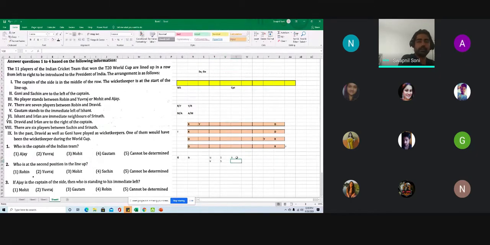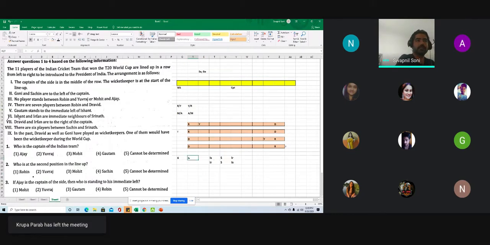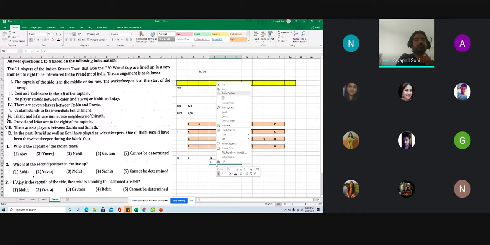This can be Irfan and this will be Ishant. They said they are immediate neighbors, but who is where we don't know. But if I look at my previous statement, it says Gautam is to the immediate left of Ishant, which means Gautam is to the left of Ishant. So this option is not possible. In this case Srinath is to the left of Ishant. So I can just get rid of this option.